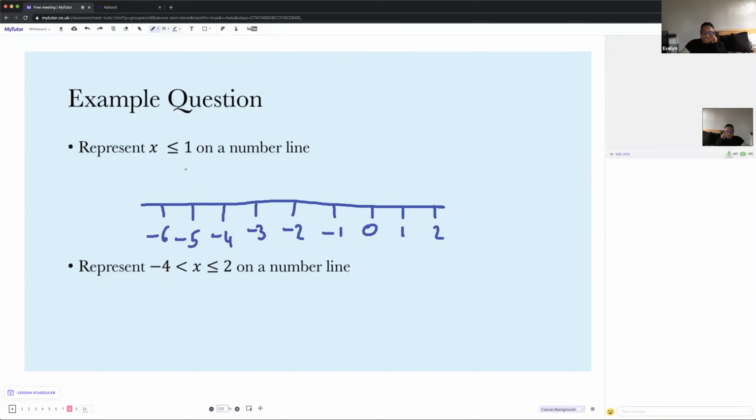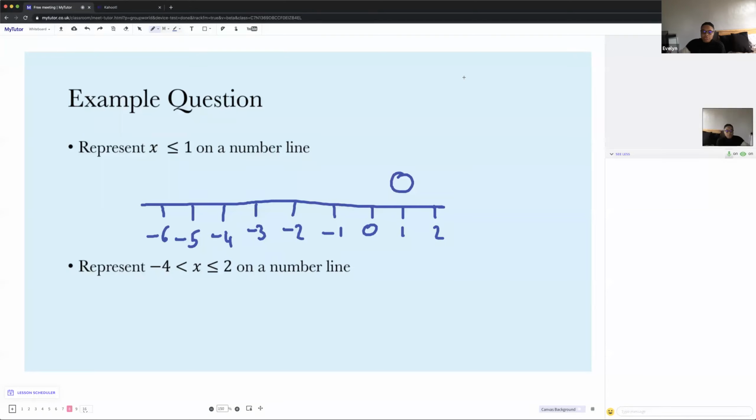I want to represent x is less than or equal to 1 on the number line. Now, first things first, the circle goes over the 1. Right, we've got a circle. Is it going to be a hollow circle or a colored in circle? What do you guys think? Is it going to be hollow or colored in?